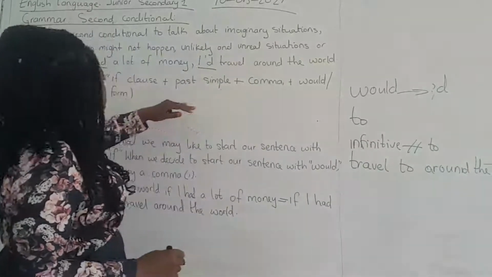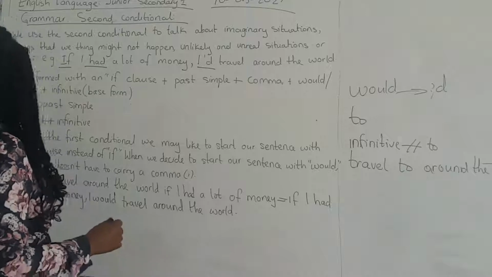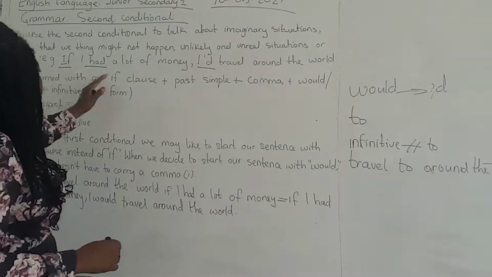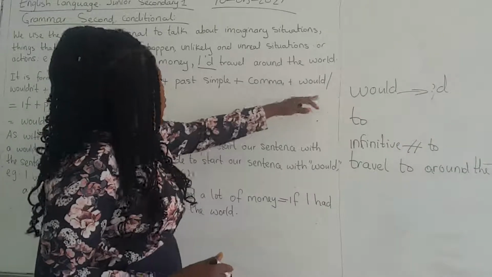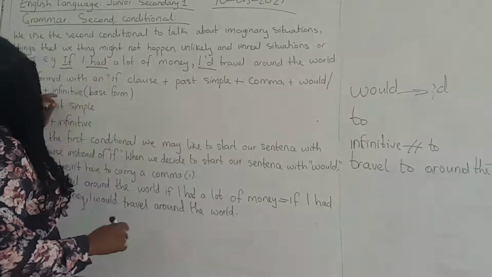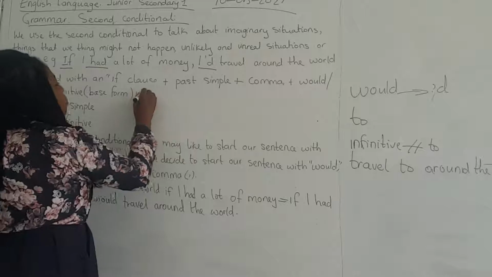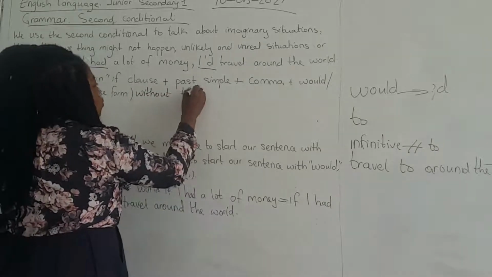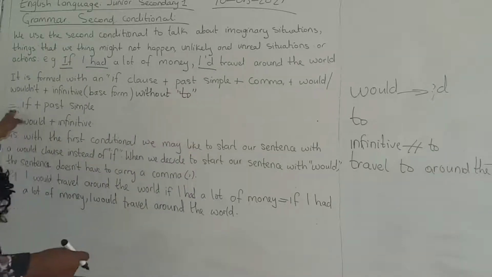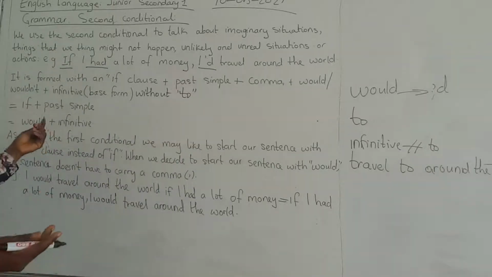So that's why we say we form the second conditional with if clause plus past simple plus a comma plus would or wouldn't plus the infinitive without to. How is the if clause formed?